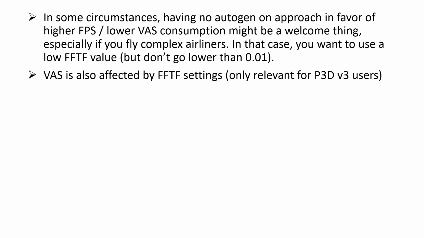I also wanted to mention that in some situations it might actually be desirable to have no autogen objects or just a few of them on your approach, especially if you fly some tubeliners such as the PMDG 737, 777 or Concorde X and other complex airliners, because these airliners dearly need CPU power.